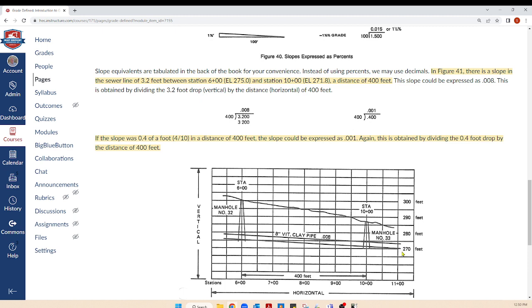So what's the vertical distance in that fall? I would say, can anybody tell me? But we can't see. Let me calculate it. We're going from 275 down to 270. So that's 5 foot here.